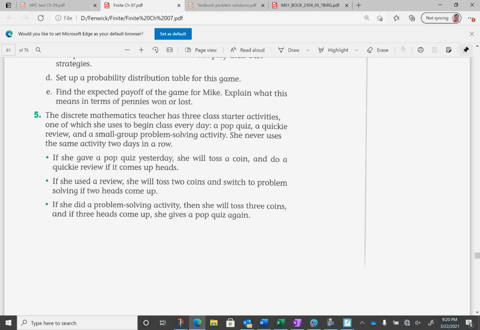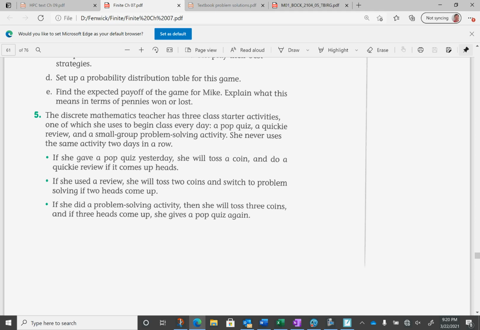Okay, for number 5, the discrete mathematics teacher has 3 class starter activities, one of which she uses to begin class every day: pop quiz, quickie review, and a small group problem solving activity. She never uses the same activity 2 days in a row, which to me is astounding record keeping.